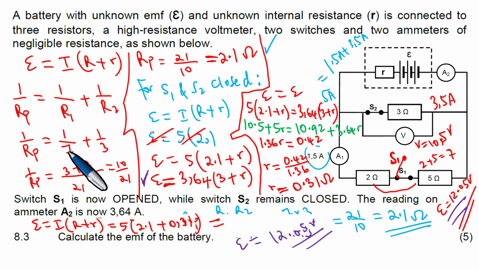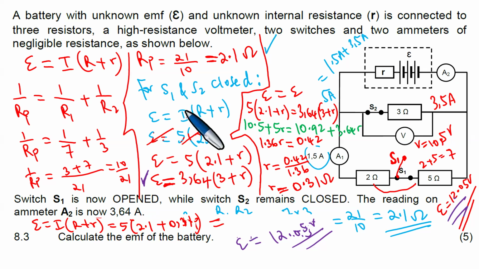If we combine the 7 and the 3, 7 ohms for the 2 and the 5, and the 3, we got that the external resistance here was 2.1 ohms. But when we open the switch S1, then the resistance is now 3 ohms, meaning the resistance increased. There was an increase in the resistance, which led to a decrease in the electrical current. So the current, therefore, decreased from 5 to 3.64.